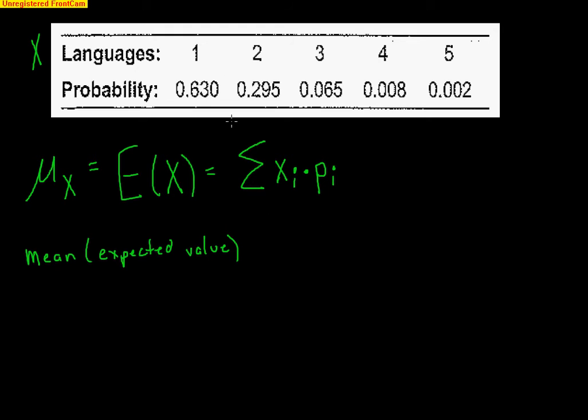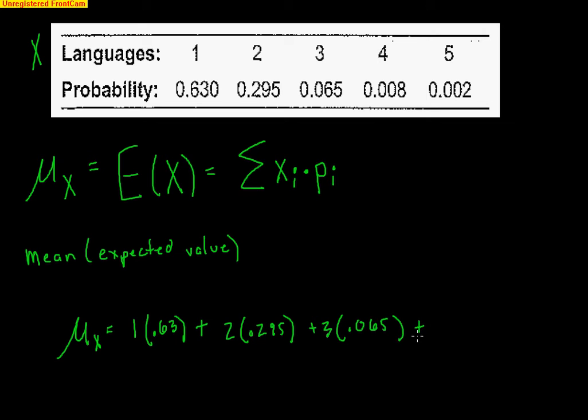In our example here, the average number of languages that we would expect is very simple. We just take 1 times its probability, 0.63, plus 2 times its probability, 0.295, plus 3 times its probability, 0.065, plus 4 times its probability, 0.008, and finally plus 5 times its probability, 0.002.